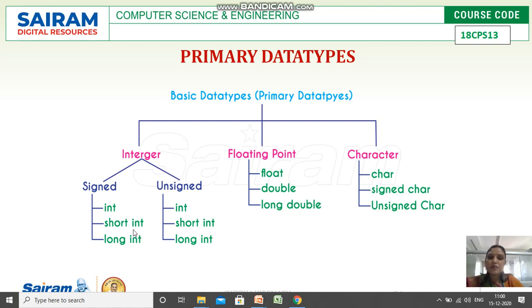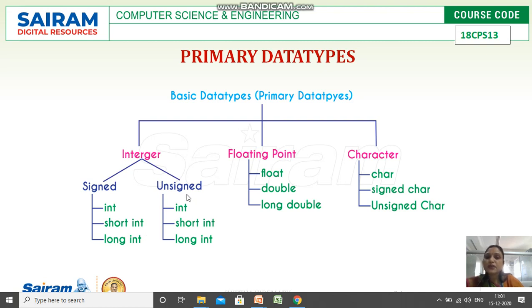For example, an integer can store 4 bytes of data. If we want to cut it short to 2, then we give it as short int, so it will be storing 2 allocations. If we want to extend it to 8, to double it, we give it as long int.